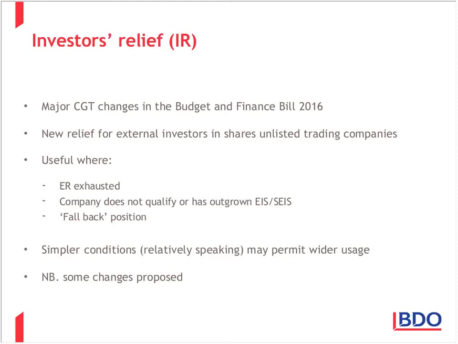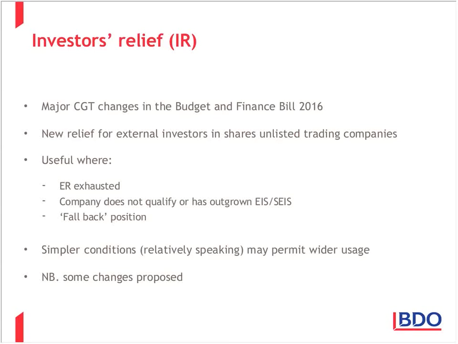We expect this new relief to be useful in a number of cases, for example, where investors have already exhausted their entitlement to entrepreneurs' relief, where a company is seeking to attract investment but its trade is excluded from SEIS or EIS, such as hotels, property development, or property dealing, or where a company has outgrown those reliefs.